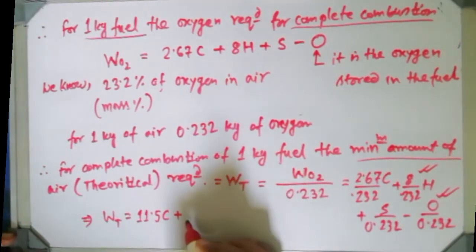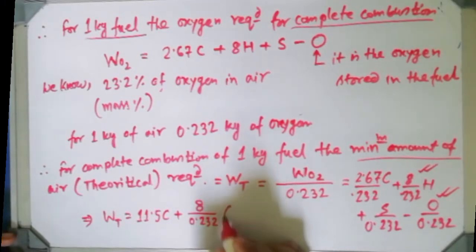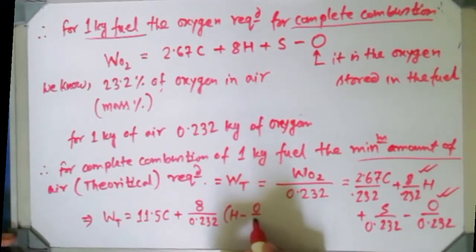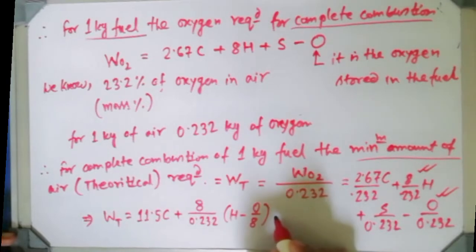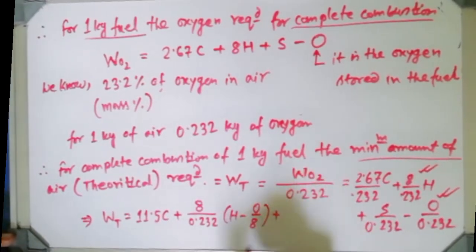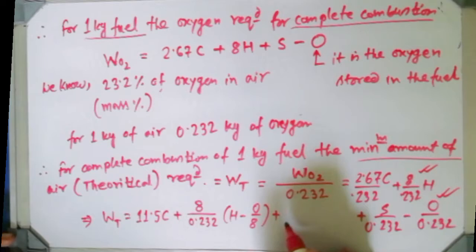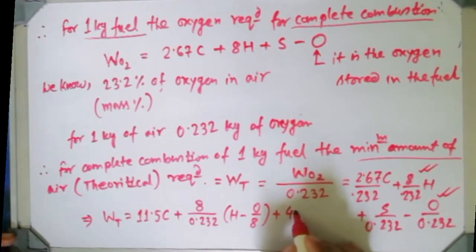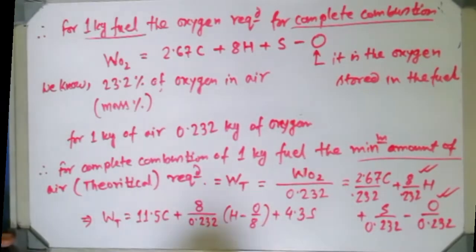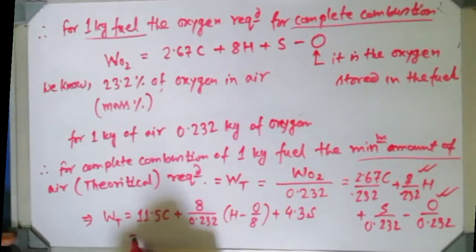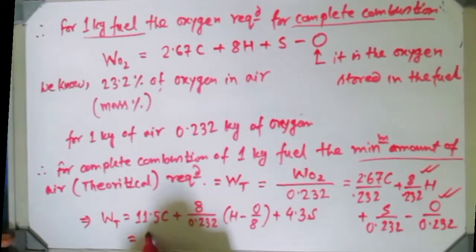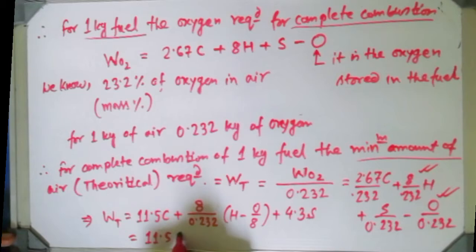Why am I writing this? Just note it down, then I will tell you. Plus 4.3 S. If you simplify it more, it gives you 11.5 C plus 34.5 within bracket H minus O by 8 plus 4.3 S.